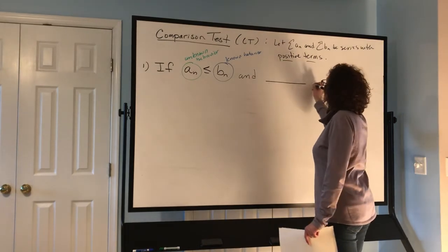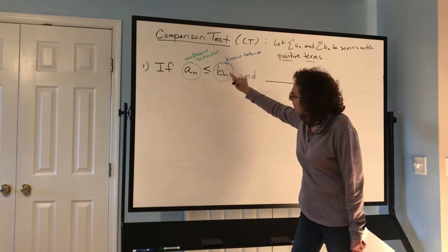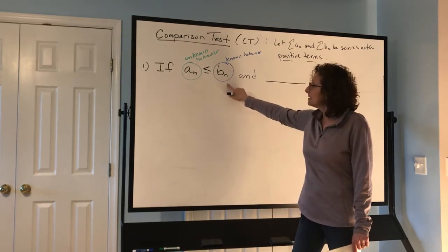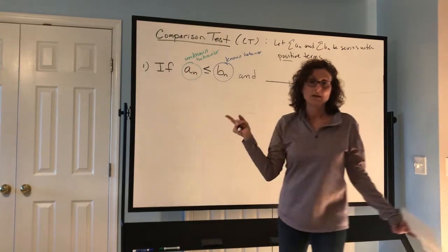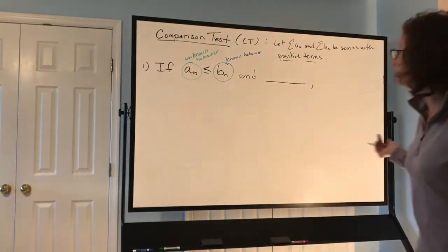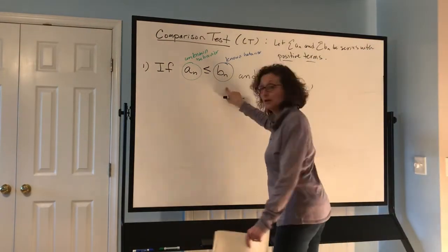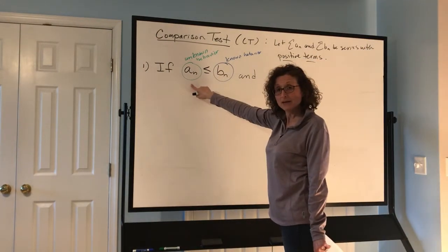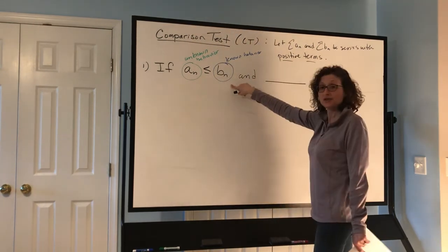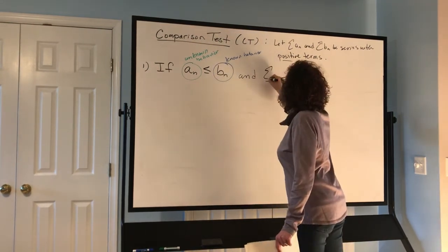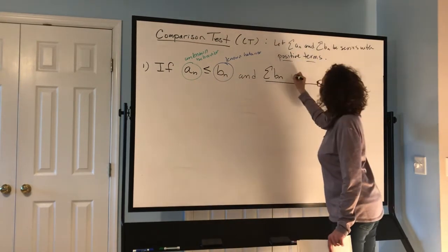What do you think is going to have to happen to the b_n series in order to make any conclusion about the a_n series? These guys are bigger. I want to be able to say something about this guy. Yeah, the b_n series has to converge.